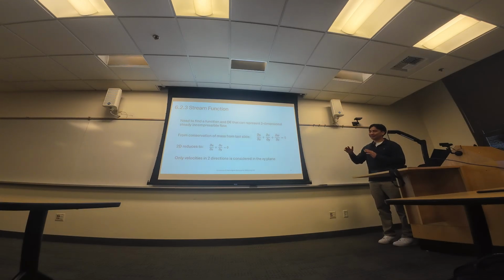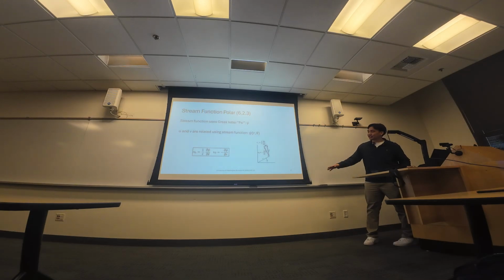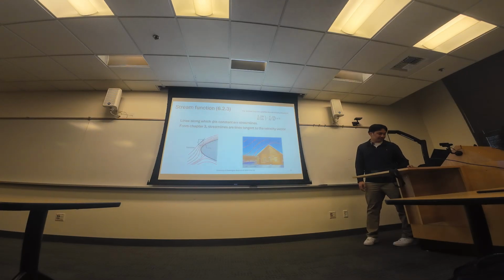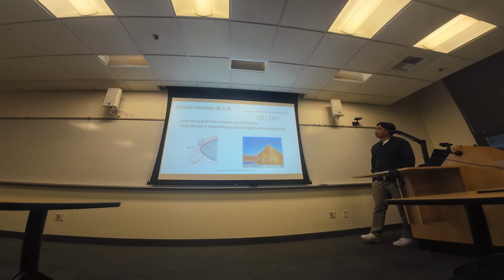Let me say it a little shorter. It's essentially your velocities in the x and y direction in one equation. And then polar coordinates, same idea, but in your r and theta coordinates. Any questions so far?